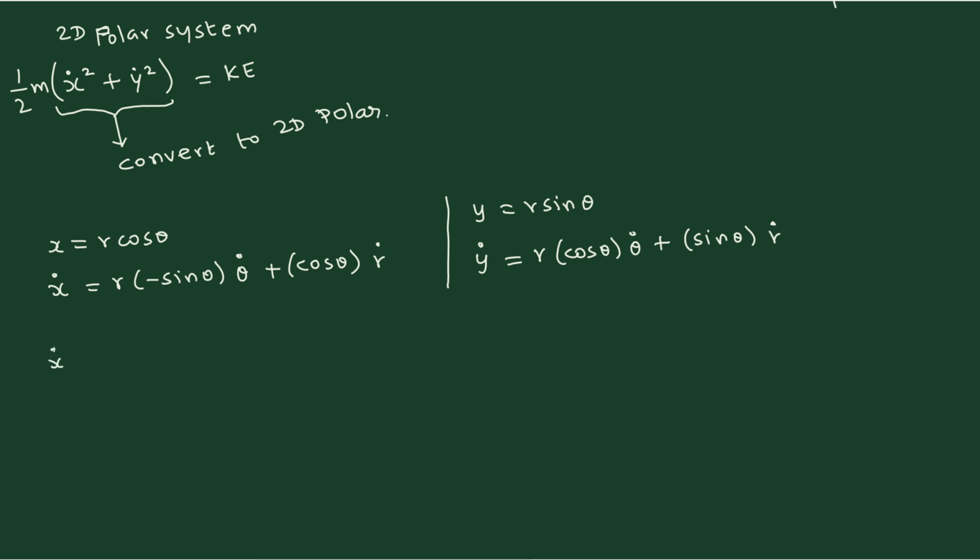So let us therefore write down x dot square plus y dot square will be equal to, let us square this expression.